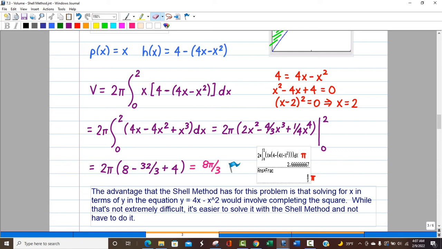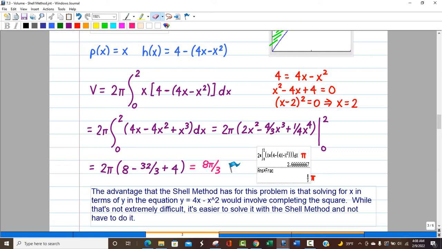And you put in 2. 2 times 2 squared is 8. 2 cubed is 8, so that would be minus 32 over 3. And 2 to the 4th is 16. 1/4 of that would be 4. So that makes that 12 minus 32 over 3, which you can easily come up with 4 over 3. So it's 2 pi times 4 over 3, which gives me 8 pi over 3.